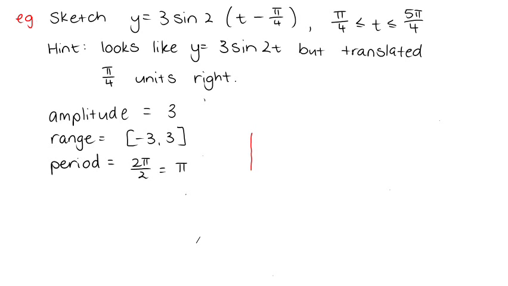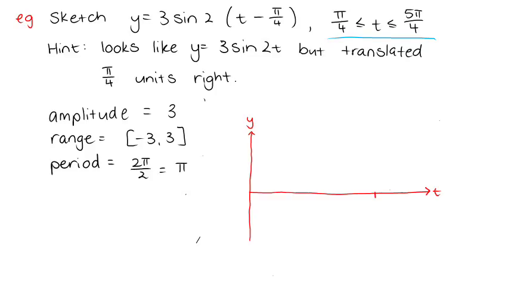So we only need this side of the graph because we're not dealing in any negative values. That's going to be our t-axis, and that will be our y-axis. We're going between pi on 4 and 5 pi on 4. That's 1 1/4.